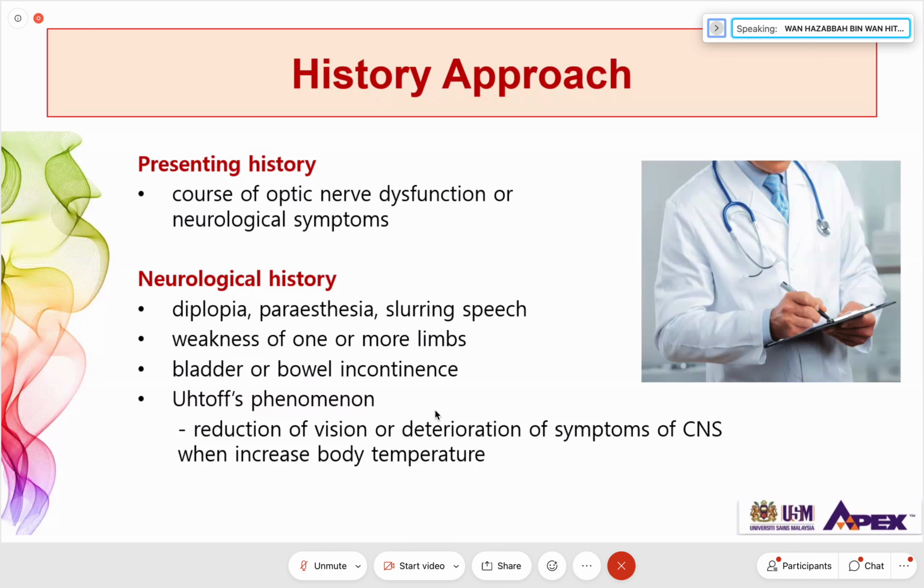Okay. So what you need to do is take a good history in terms of visual loss and also neurological history, because you want to rule out the typical form of optic neuritis, and then some associated neurological problems which may be present in a multiple sclerosis patient.